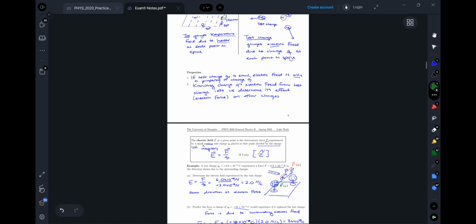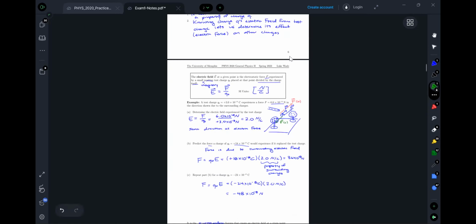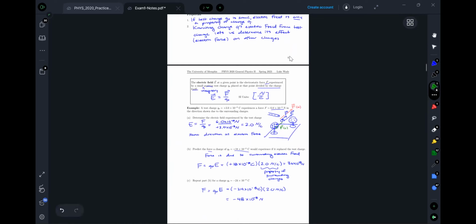So the field is the more fundamental concept, but we define it in terms of that force because we use this concept of a test charge to say, if I put a charge in this field, how much force is felt by it? So remembering how electric fields are defined is going to be important in some problems.